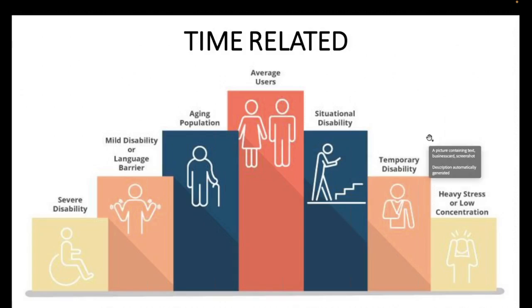Temporal disability: you're temporarily not able to work, you broke a leg or a hand, you got a trauma in a gym, or you have heavy stress, a loss in your family, or loss of concentration. That is temporary disability.